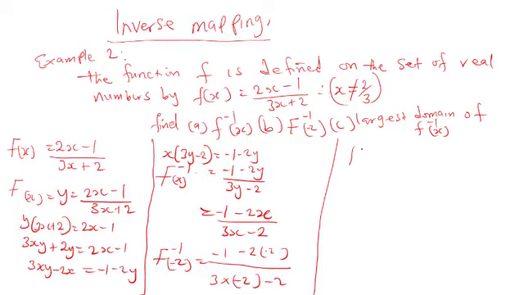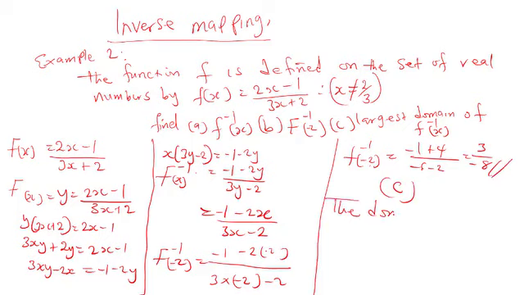So the value of our f inverse of minus 2 becomes equal to minus 1 plus 4 over minus 6 minus 2, which is equal to 3 over minus 8. That's the value.